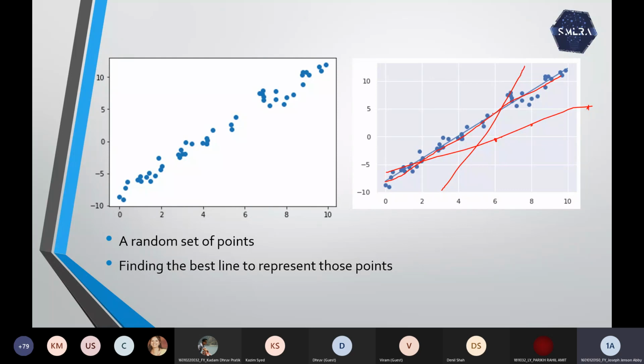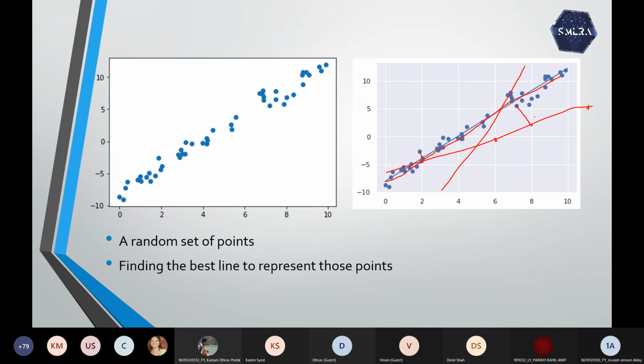Here the distance is much greater. That is how we define our loss function. The more distance the points on the line are from the actual data, the worse that line is. The best line would give you the least error, or it would pass through most of the data. The distance here is minimum, whereas this distance is so big.